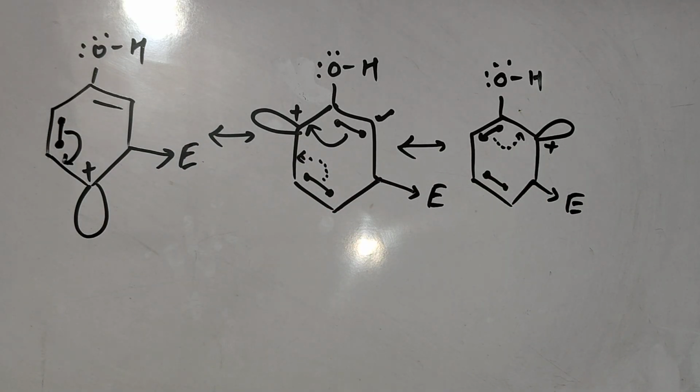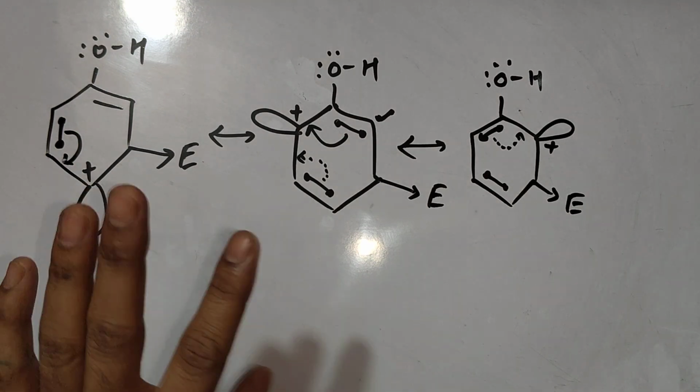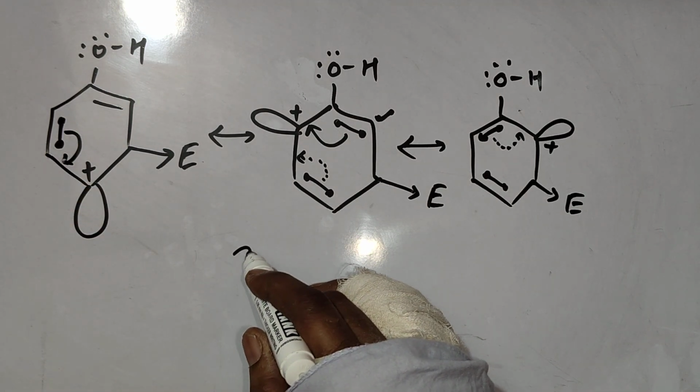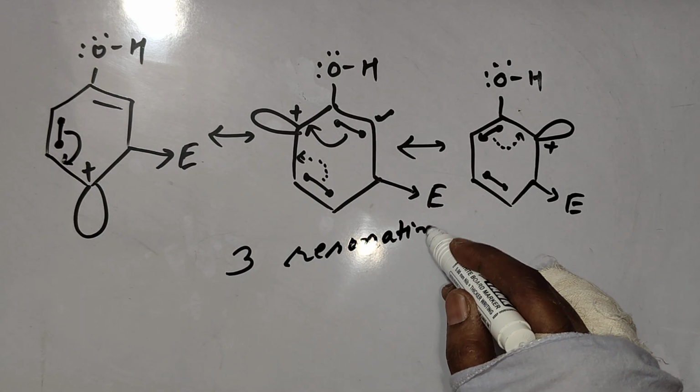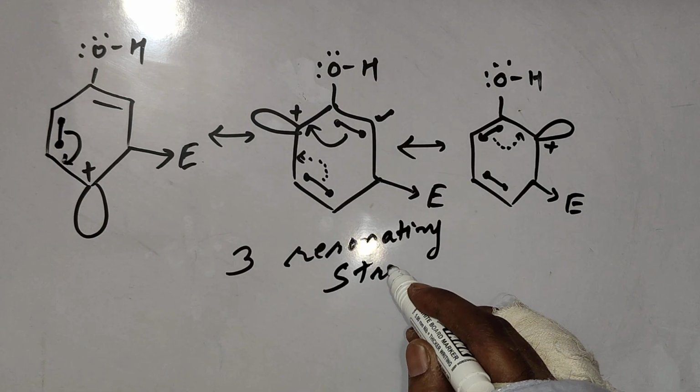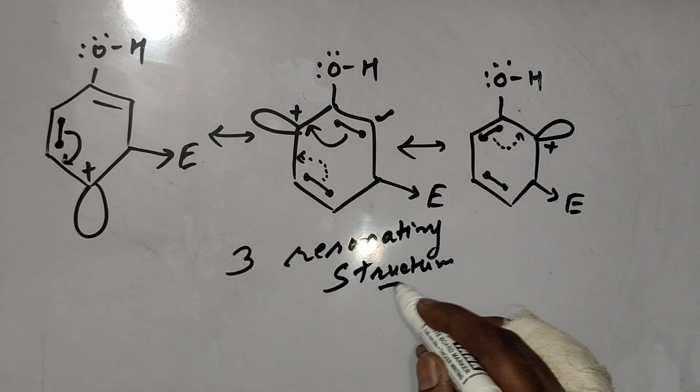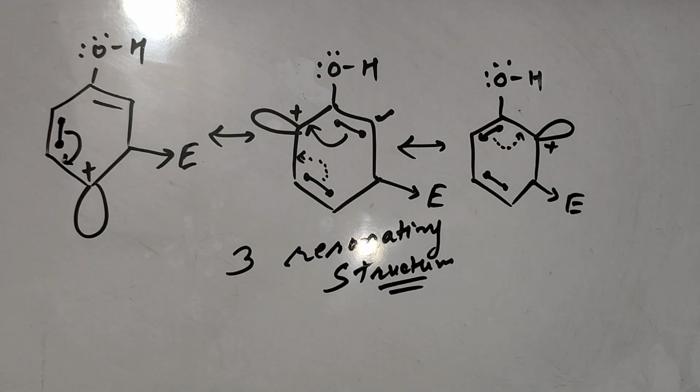So what is the conclusion? The conclusion is this carbocation is getting stability through 3 resonating structures, meaning 3 times resonance for its stability. Whereas the carbocations generated after attack on ortho and para positions are getting stability due to 4 resonating structures.